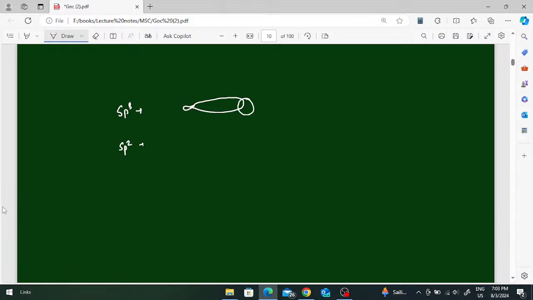In sp2 this is shorter and more rounded, and in sp it's even more rounded, so bond distance decreases.